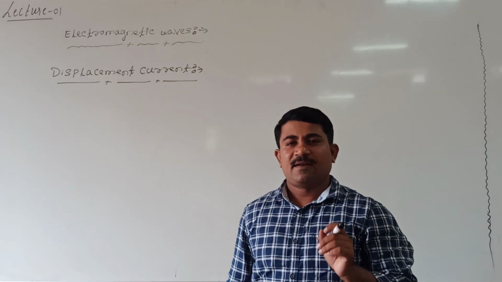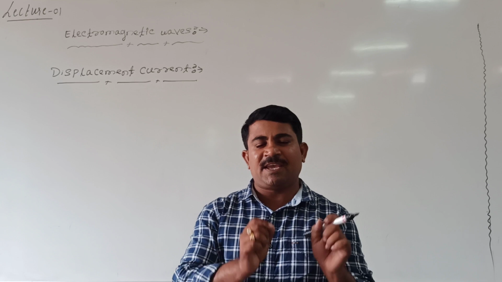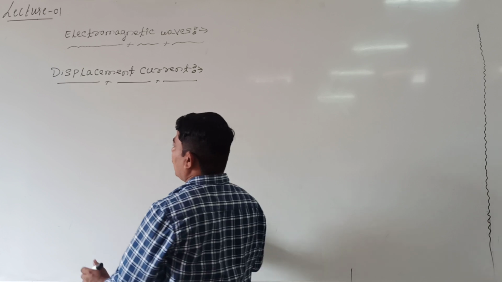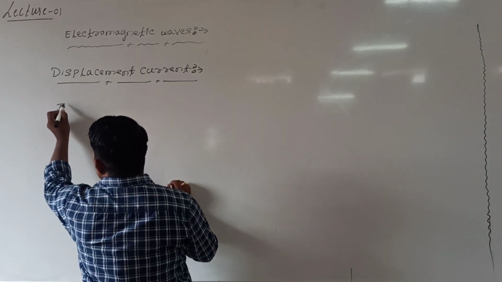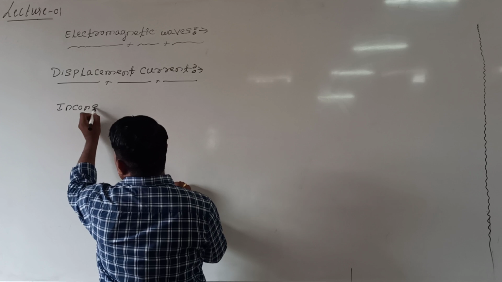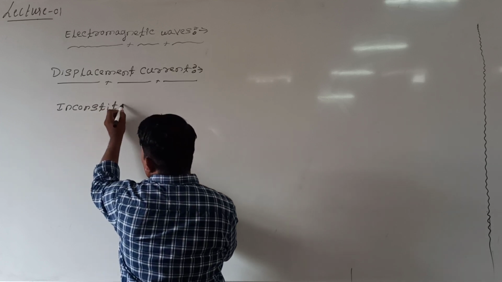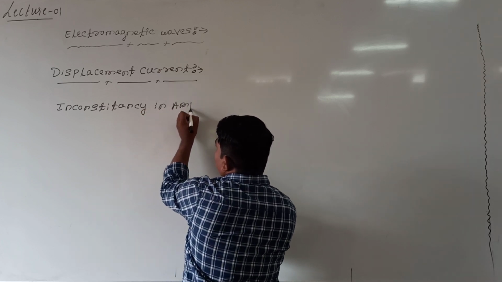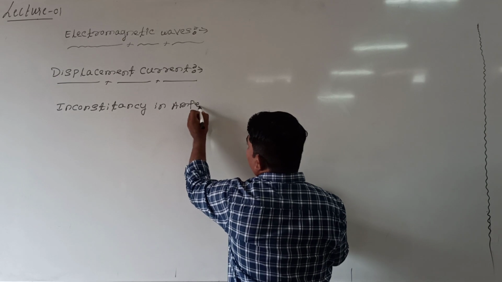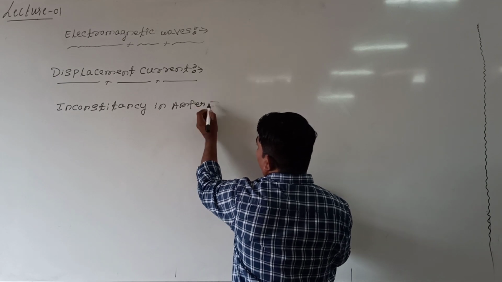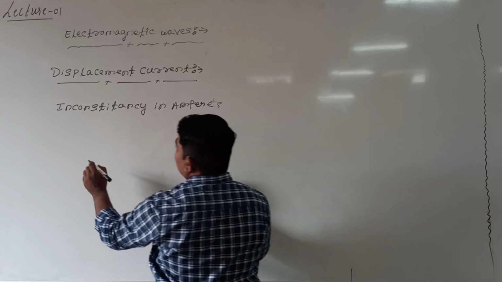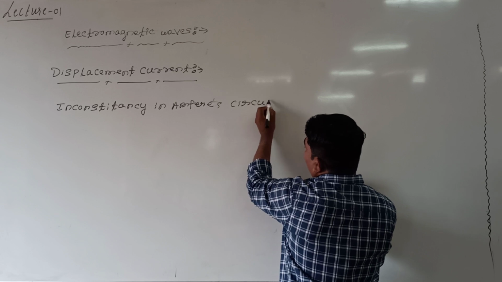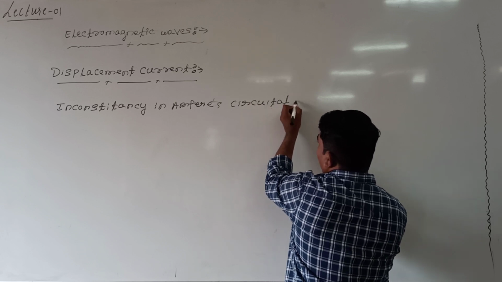Before that, let us see the inconsistency in Ampere circuit law. What is the inconsistency? That we'll see. Very simple. So our point is inconsistency in Ampere's circuit law.